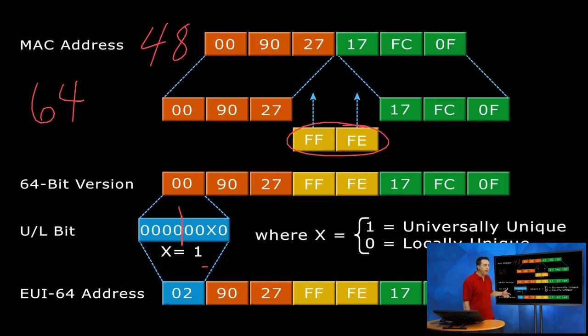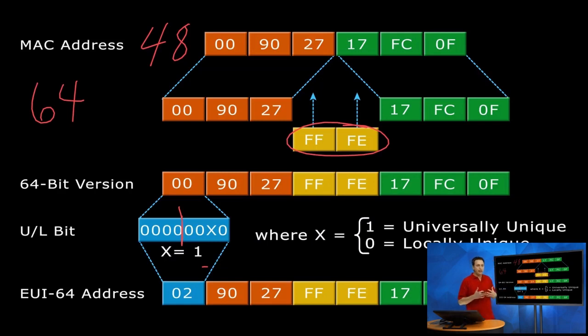This flipping's done to ensure that it's unique. But you'll see here that 1 means universally unique, 0 means locally unique. What you need to realize is that the majority of MAC addresses that you're going to find in this world always have the 7th bit set to 0 by default.